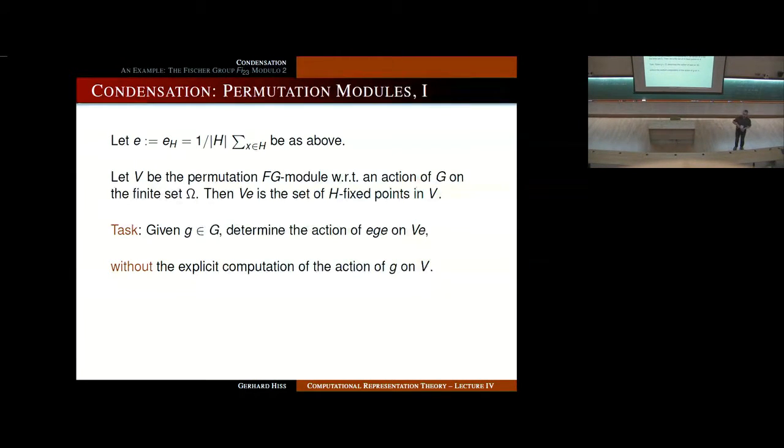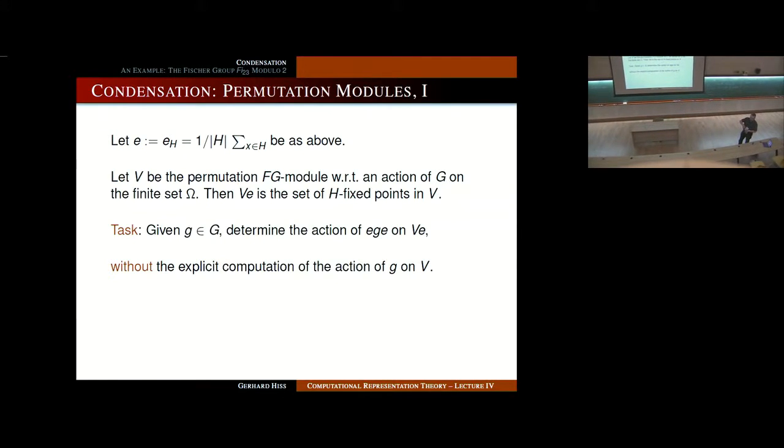So in a sense, you delinearize again. You make permutation representations from linear representations by letting the group act on the individual vectors.